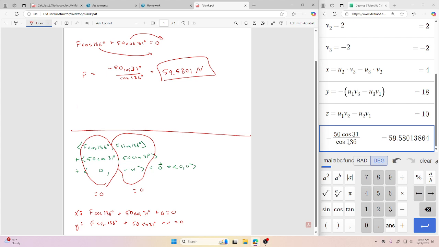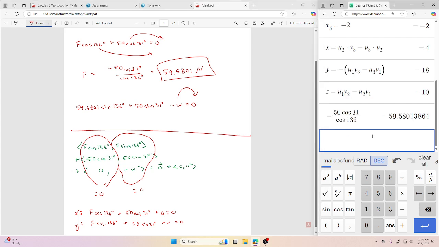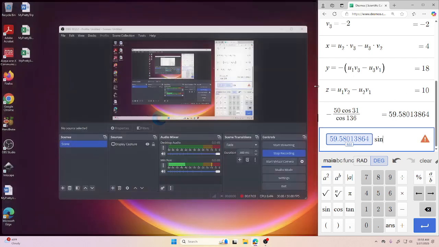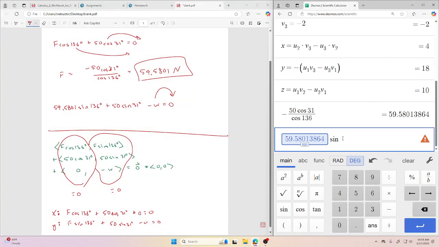So then my F is the 59, so I'll say 59.801 sine of 136 and I got the 50 sine and I got minus W is equal to 0. This one's easy, right? I'm going to do ANS to make that faster over there. Let's do that. Sine of the 136 plus 50 sine of the 31.